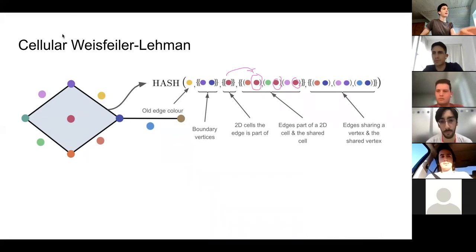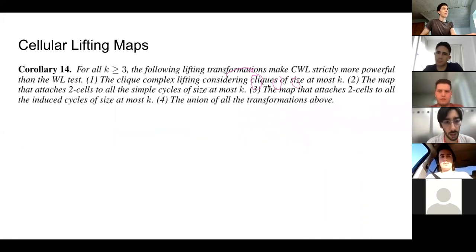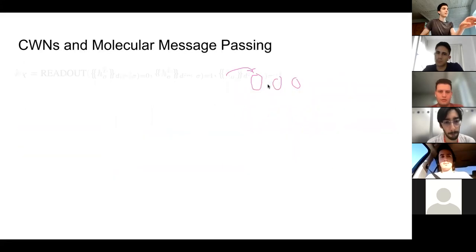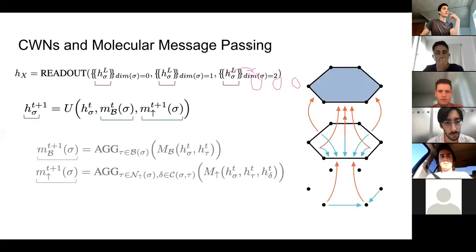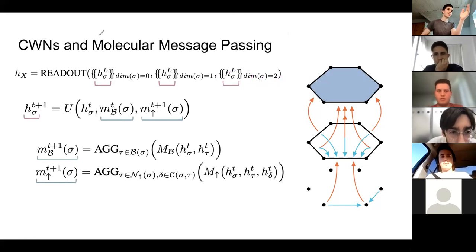Okay, can we go back to the message passing slide? Yep, one second. So just to be sure, in every case you use the boundary, the co-boundary, and the upper adjacent neighbors to construct these messages. Yeah, so we have two kinds of messages.